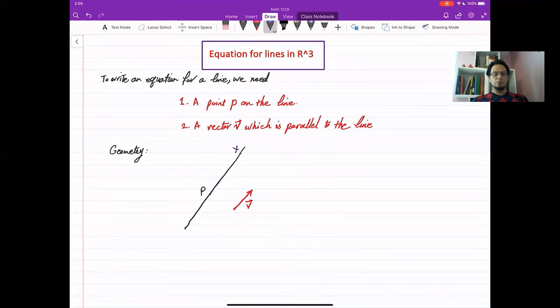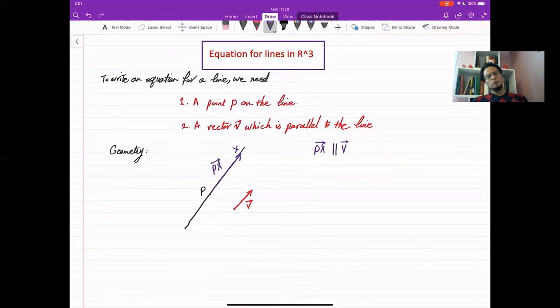What we can do here is use P and X and define the directed line segment PX. PX is a directed line segment on the line. As a result, PX is going to be parallel with the vector V. So we have a vector and we have a directed line segment. These are parallel.